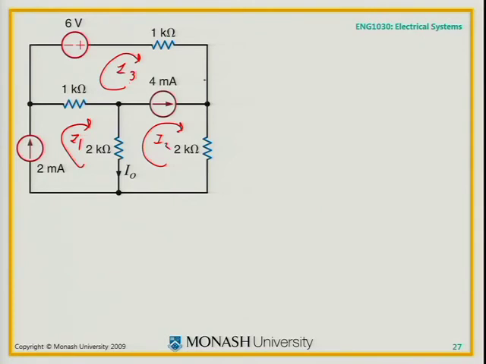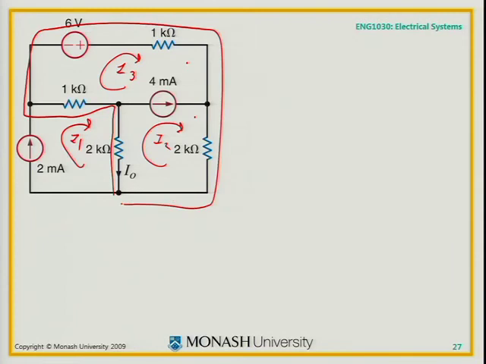We want a mesh that includes this mesh and this one, so it will look like this. And we do Kirchhoff's voltage law around that. We bypass the current source. It's a mesh that includes this mesh and that one. We call it a supermesh.